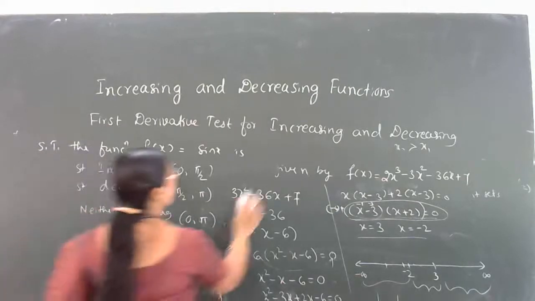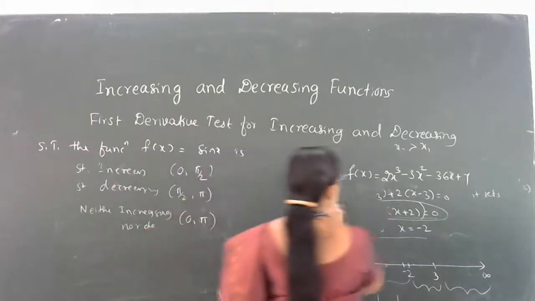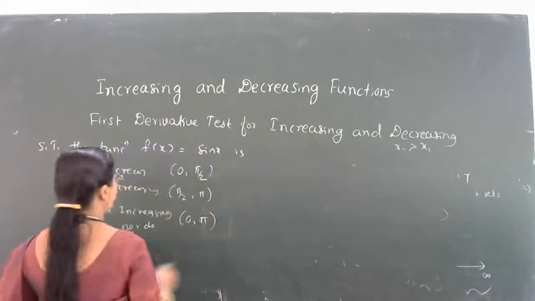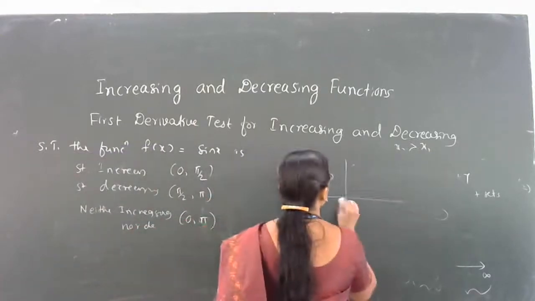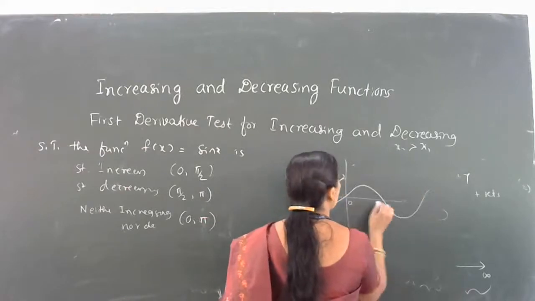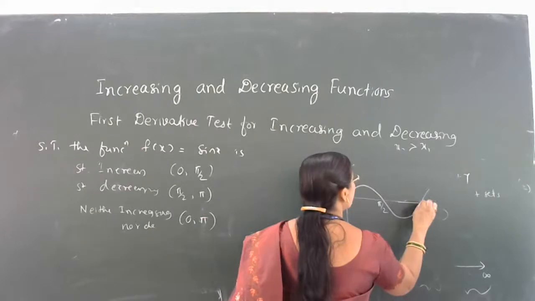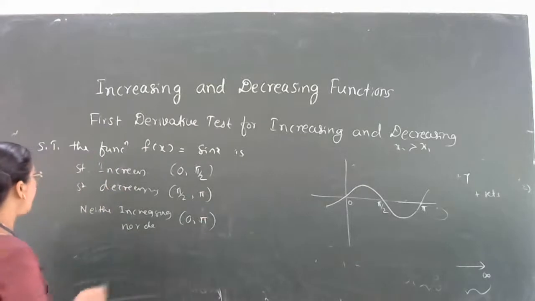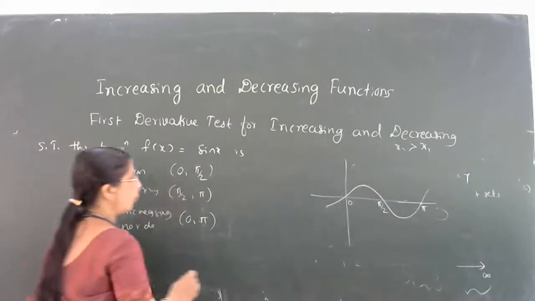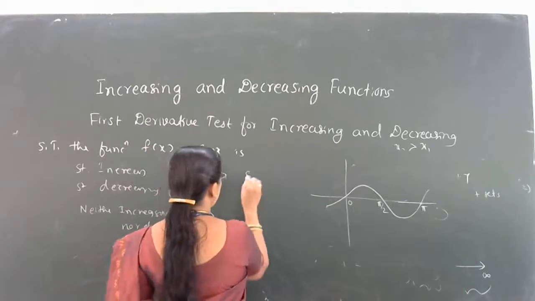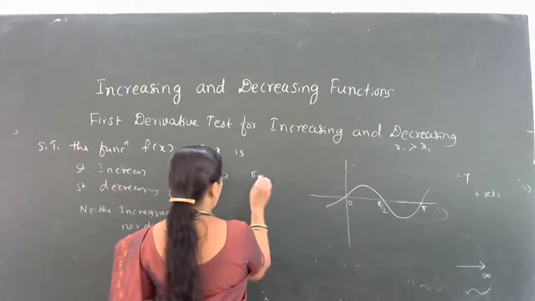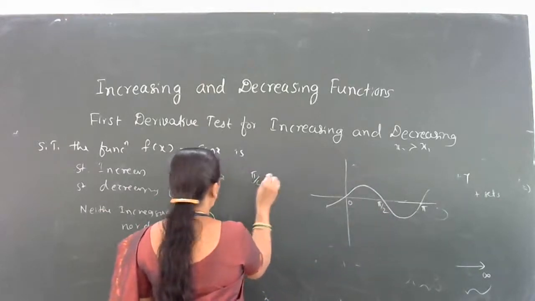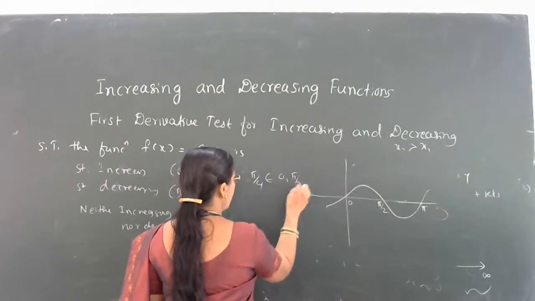You already know the graph of sin x for values from 0 to pi by 2. The graph of the function looks like this: 0, pi by 2, pi. By taking the graph you can find it for 0 to pi by 2. We take pi by 4, which belongs to 0 to pi by 2.